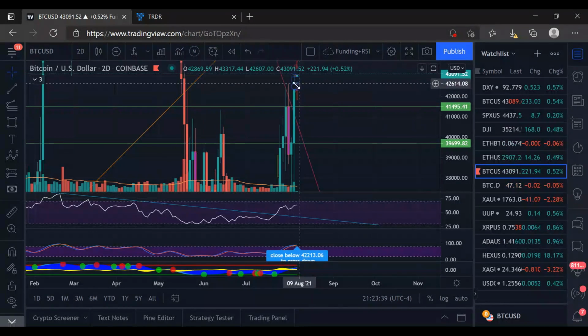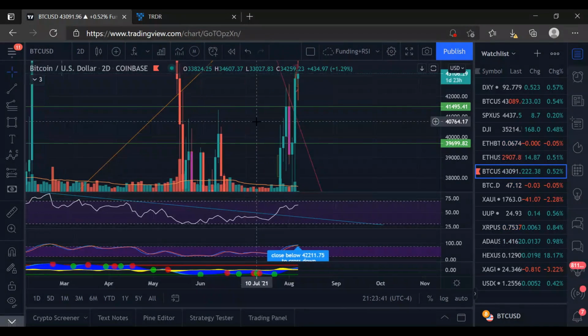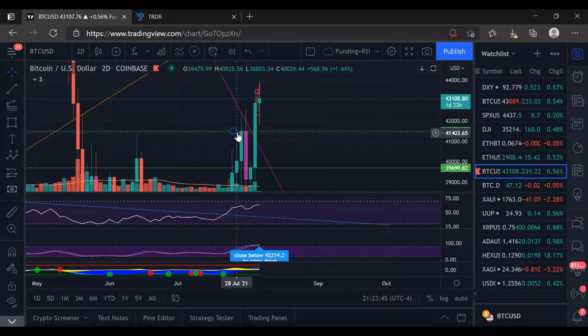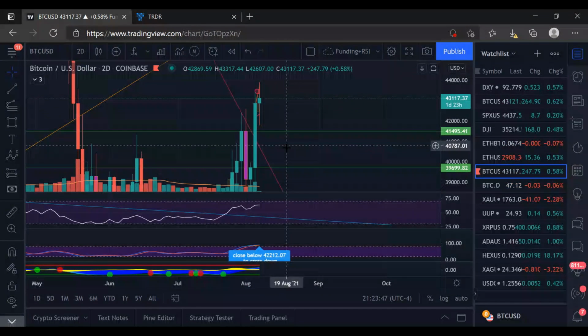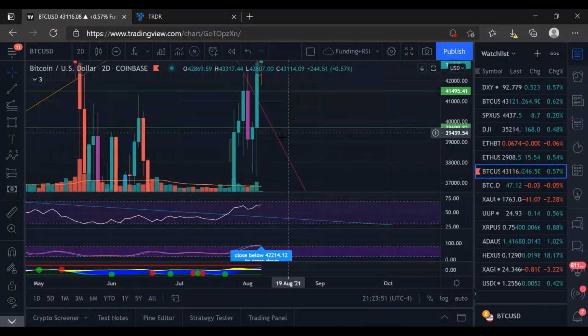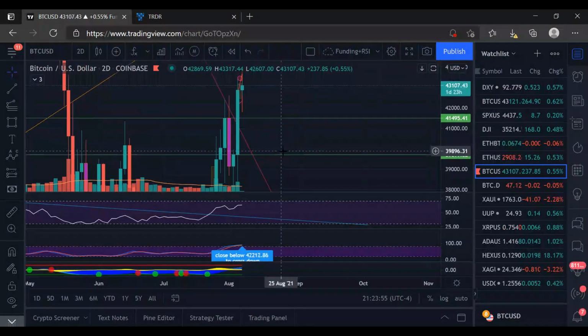So now that is a breaker block, expecting to find support at the top of that. So anything above that is a buy. If we break back inside there, I'd leave it alone until it breaks back below. Then I would short it or look for it to break back above again and look for a long. That's kind of what I'm looking at for Bitcoin.